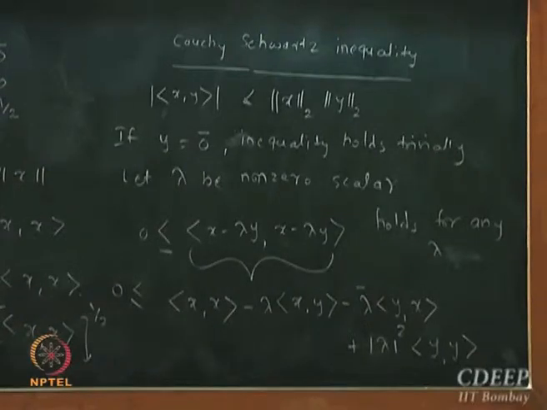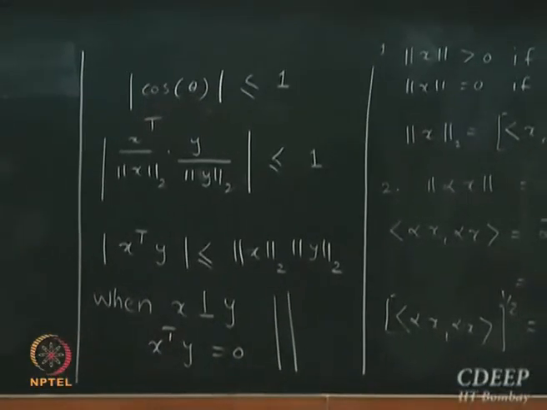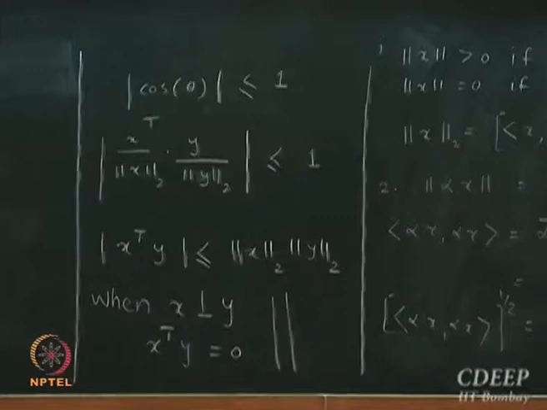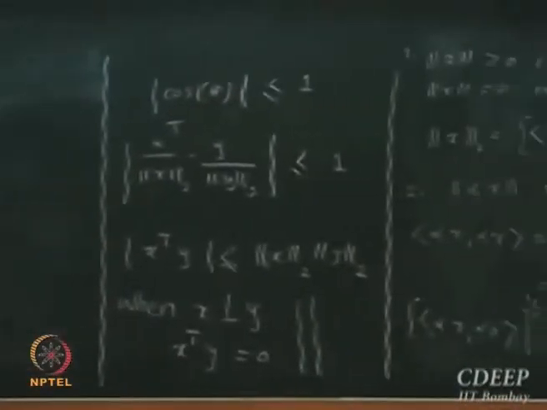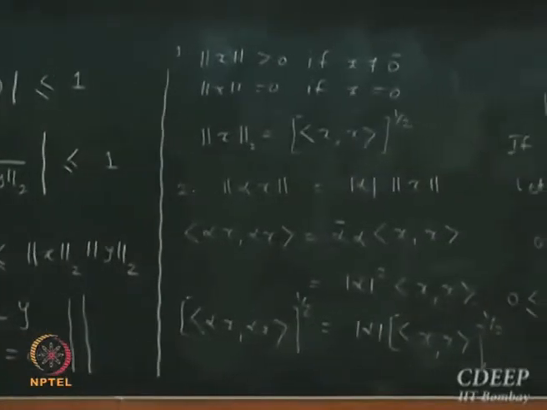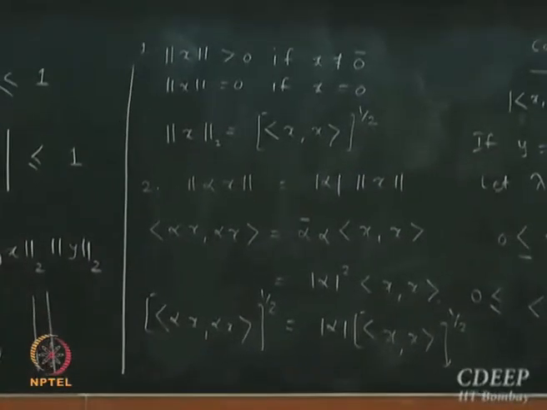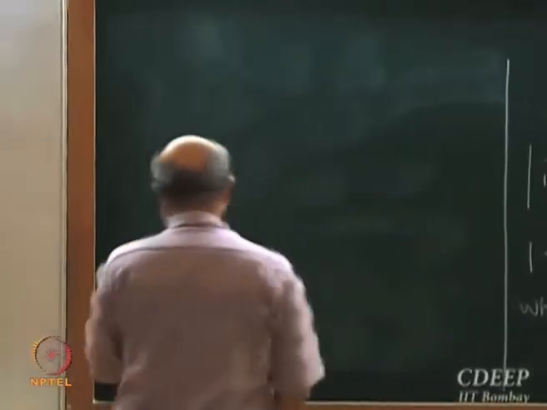So let us preserve this part here because this is what we are generalizing. Okay, so this holds for any lambda, am I correct? That inequality which we proved there holds for any lambda. So I am going to pick one specific lambda now.